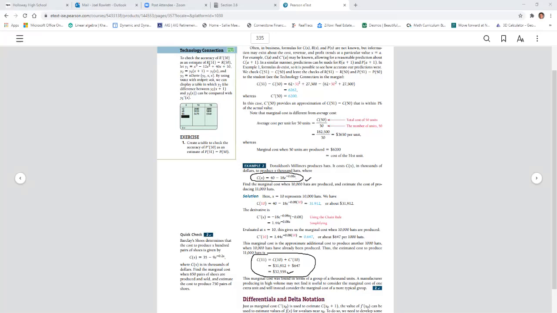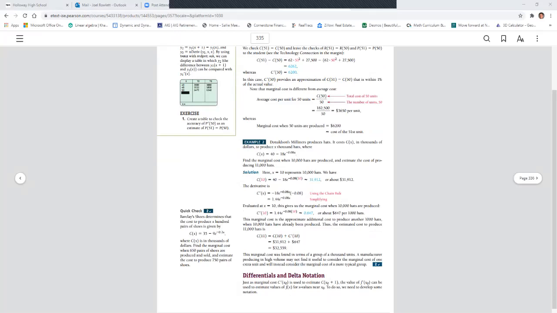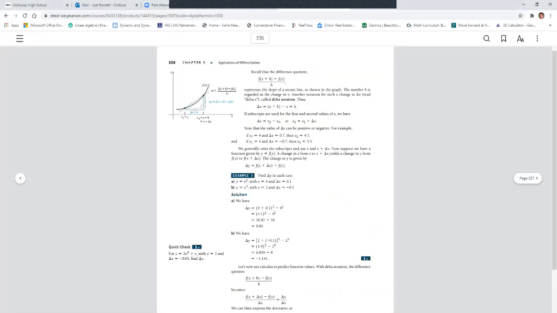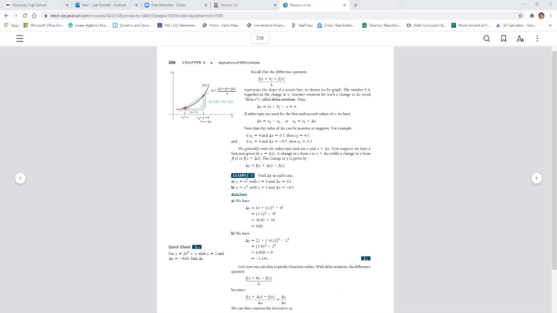Okay, so moving on to differentials and delta notation. Now this is where we get into the slope that I mentioned earlier. Notice that we have 2 points on this graph, and I'm going to highlight them here with red X's. We have a point here, we have a point here.